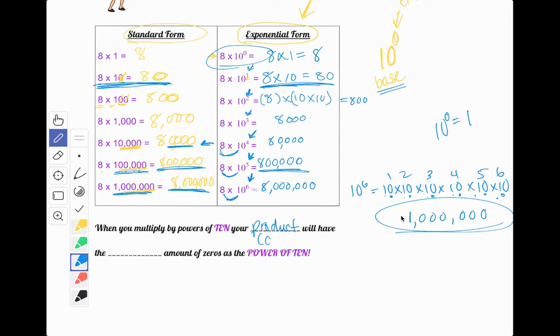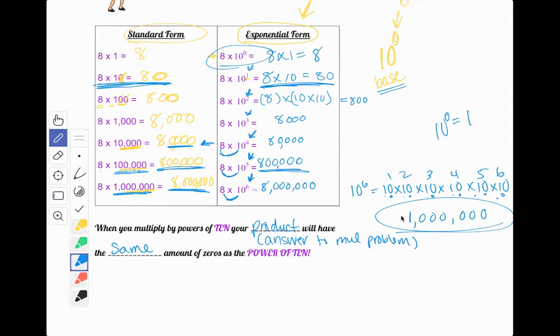That's right, the answer to a multiplication problem. Remember, we're going to use vocabulary a lot. We'll have the same amount of zeros as the power of 10. So remember, the power here is 0. How many zeros do I have? None. So it's 8 times 1. Okay, so 10 to the power of 1. How many zeros do I have? I have 1 zero. So it's 8 times 10.